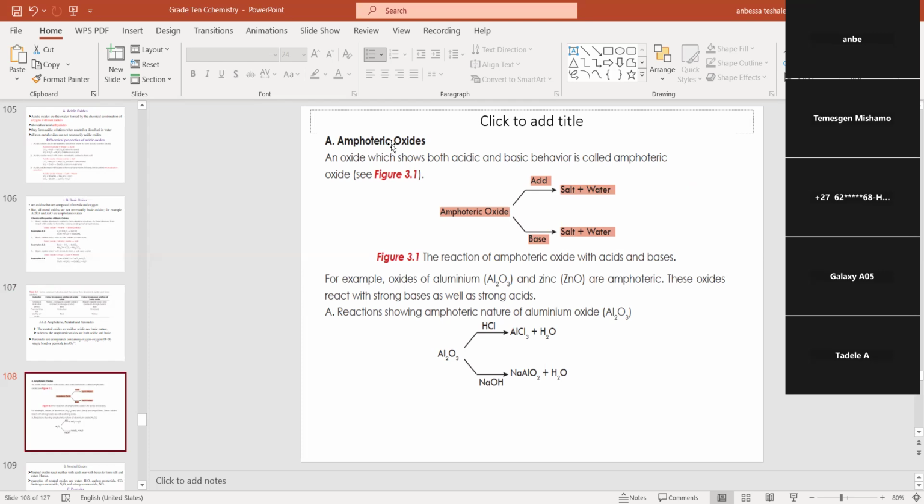How do we prepare amphoteric oxide? ምክንያቱም amphoteric oxide basic እና acidic character አለው ብለናል። Amphoteric oxide plus acid gives salt plus water. In this case, amphoteric oxide acts as a base.